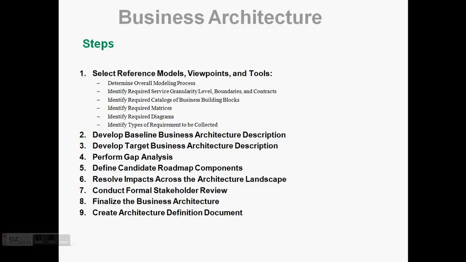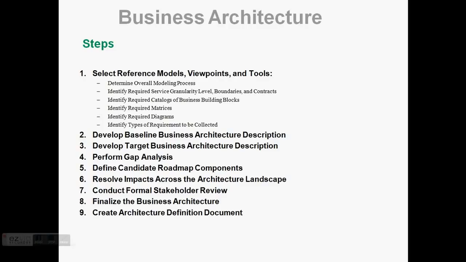Okay, step 2: develop the baseline business architecture description. We develop a baseline description of the existing business architecture to the extent necessary to support the target business architecture.